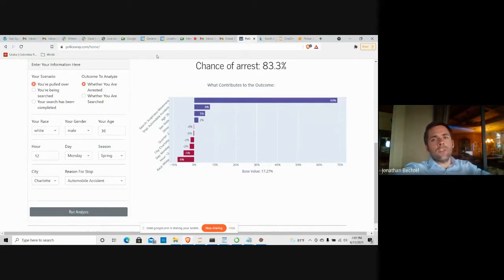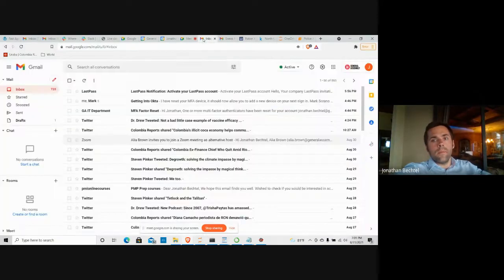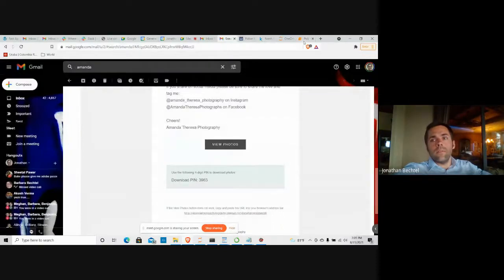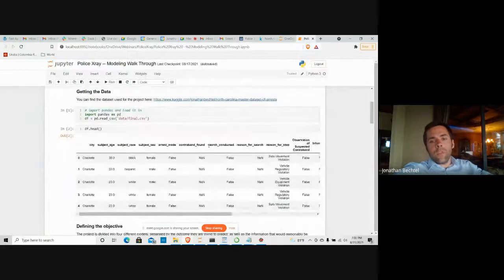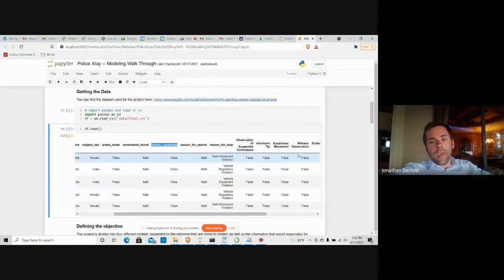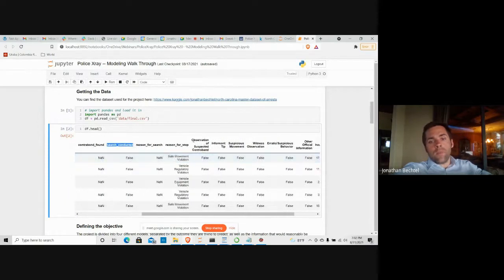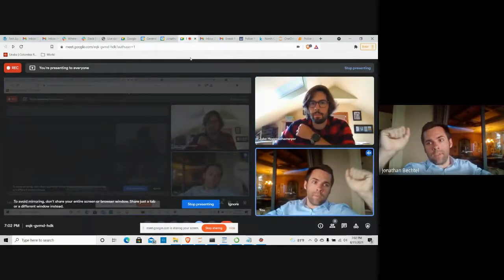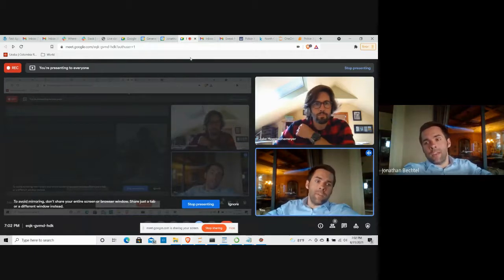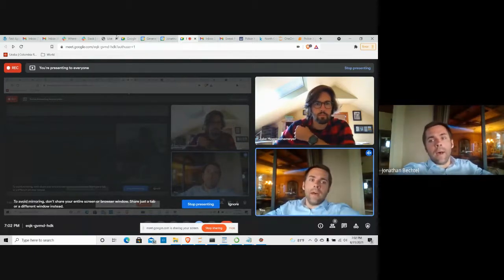So this info, like whether or not someone was searched, the reason why, or something over here like this would not actually be made available to you yet, because it is information as you are pulled over, like the police officer walking to the car. So I don't really know what's going to happen yet.